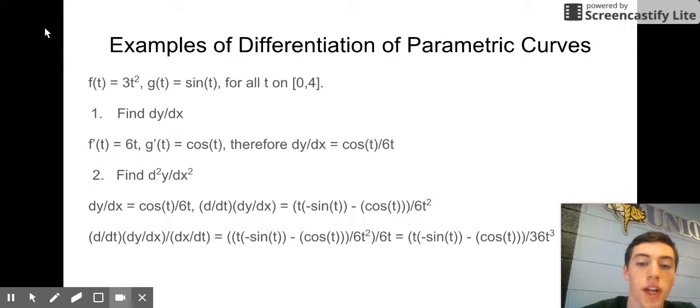And then, of course, to actually fix it, you have to divide it by dx over dt, which is 6t, because it's the first derivative of f. So when you divide negative t sine of t minus cosine of t all over 6t squared, you get the second derivative being negative t sine of t minus cosine of t all over 36t cubed. And that is how you differentiate with parametric curves.